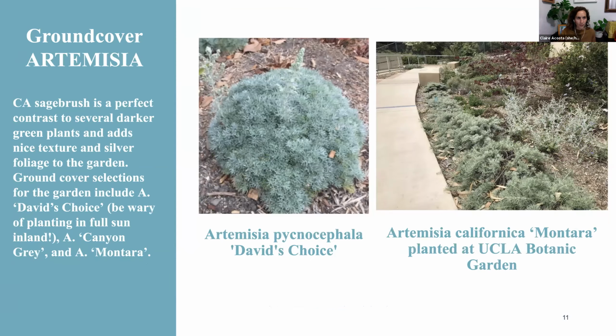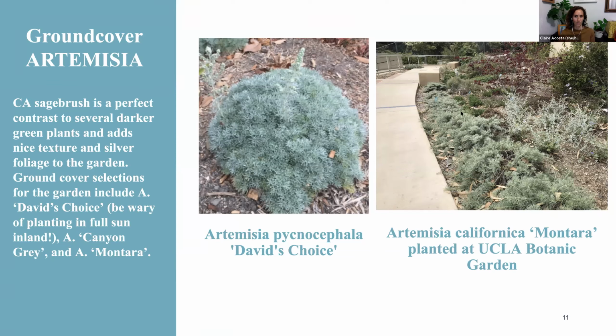There are ground covers for Artemisia. You have a card for Artemisia, but it is for the shrub. That being said, it can also be used as a ground cover. You can see here on the right, this is Artemisia californica 'Montara', and they're lovely for their grayish silvery green color, and it contrasts really well with the darker greens.